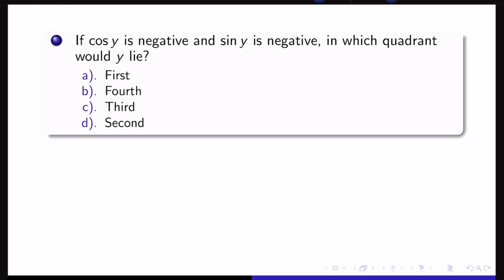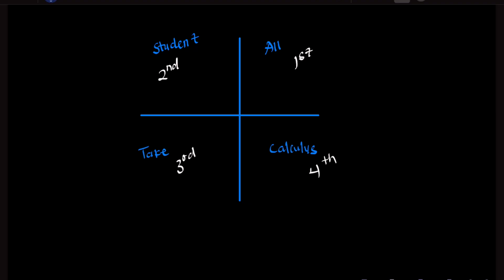With our next question, we have, if cosine of y is negative and sine of y is negative, in which quadrants will y lie? To solve this question, we draw our 4 quadrants. So in the first quadrant, sine is positive, cosine is positive, and tangent is positive. In the second quadrant, it's just sine that's positive.